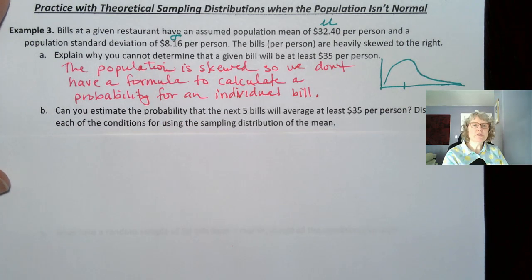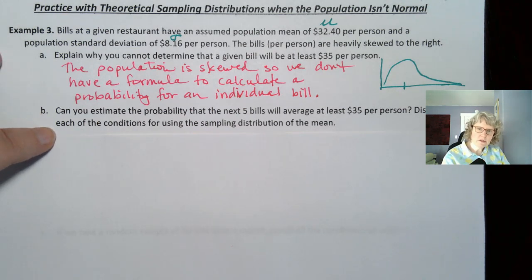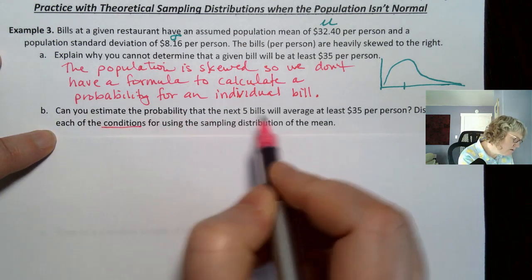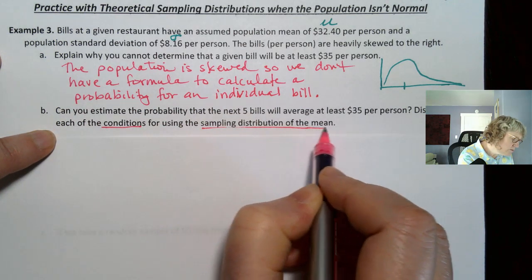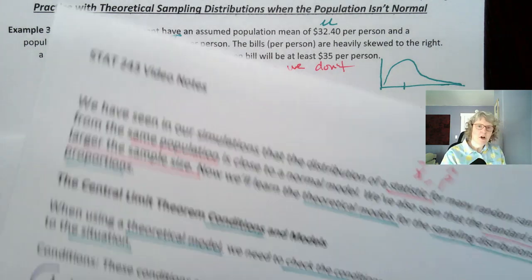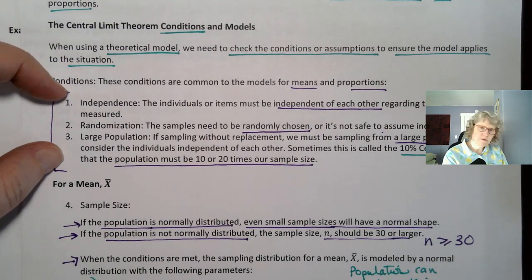Okay, next question is, can you estimate the probability that the next 5 bills will average at least $35 per person? Discuss each of the conditions for using the sampling distribution of the mean. There are 4 conditions, and I've got my conditions and models right here. We've got our first 3 that apply to both means and proportions.